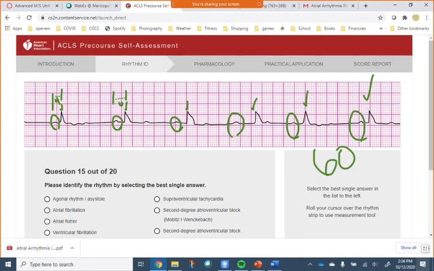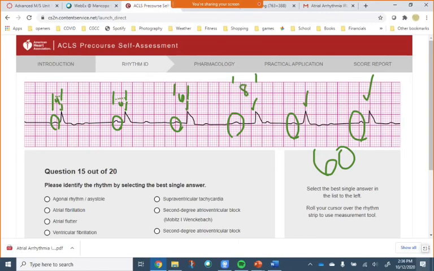That's a 6. This one's about a 6. This one starts halfway through there and goes all the way to here. Holy moly.